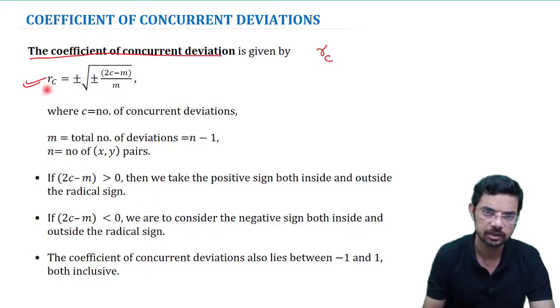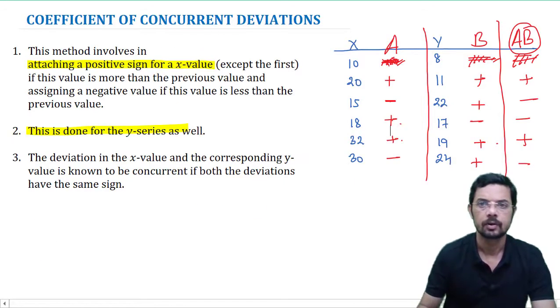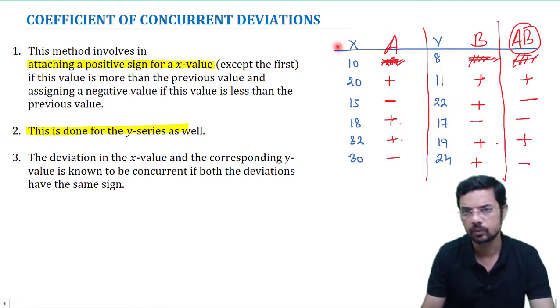So let us try to understand and apply this formula to the problem. Let us understand what is M and what is N in the previous case. Here we have found out AB.